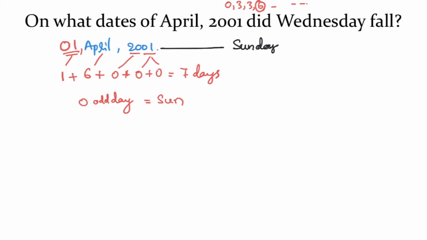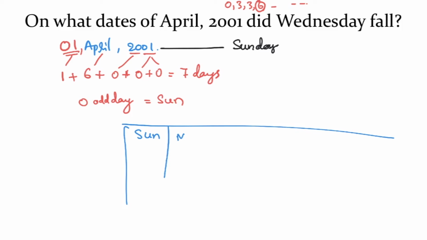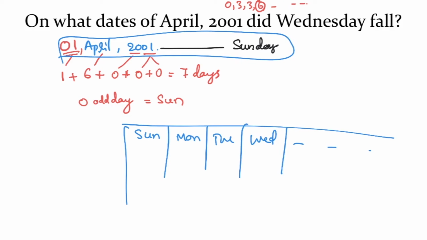From that, you can draw the month calendar. Sunday, Monday, Tuesday, Wednesday, Thursday, Friday and so on. 1st April 2001 was on Sunday. Sunday 1st, Monday 2nd, Tuesday 3rd, Wednesday 4th.